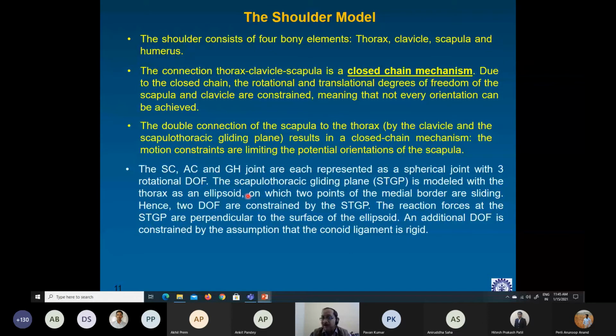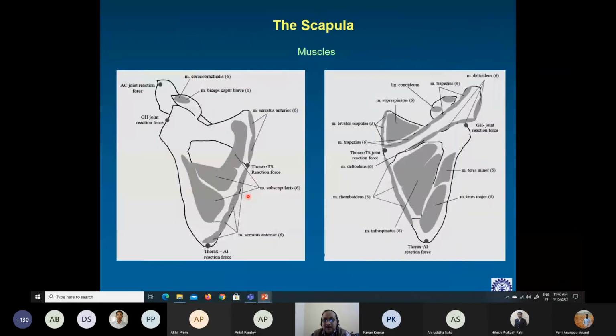Basically, there are 2 points on the medial border, as I had indicated earlier. If you remember, I'll just go back to show you that slide. These are the 2 points: thorax TS connection and thorax AI connection.